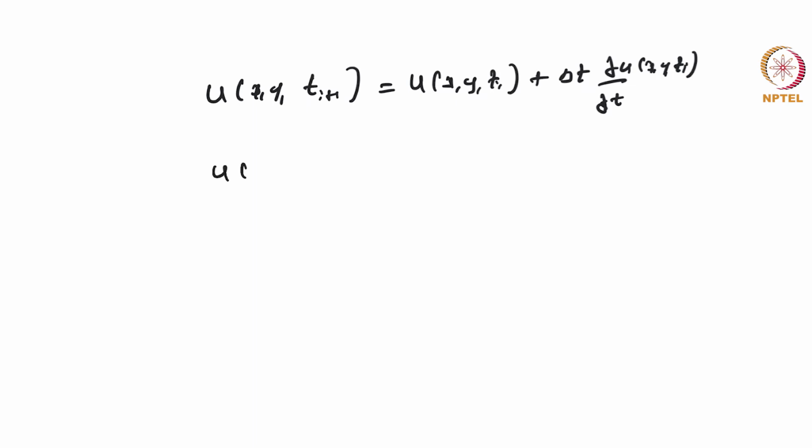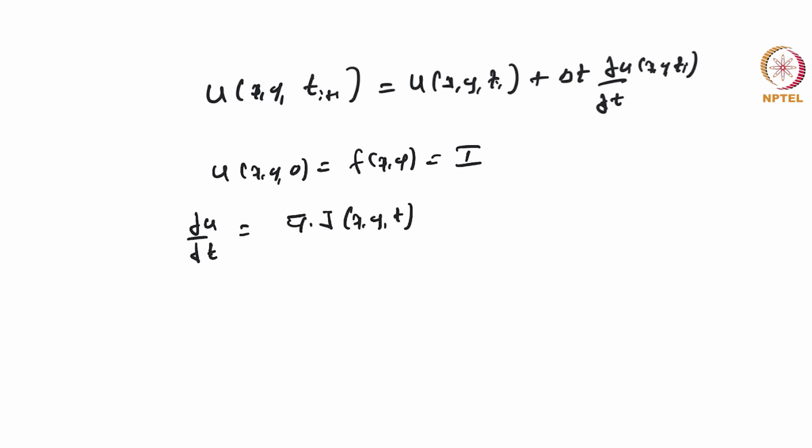And we saw that u at x, y, 0 is your input image. But what is delta u by delta t? This delta u by delta t is nothing but the divergence of your flux J that I showed you earlier, J of x, y, t, and this divergence of your flux, which we saw here, is equal to del dot D(x, y) gradient of u.